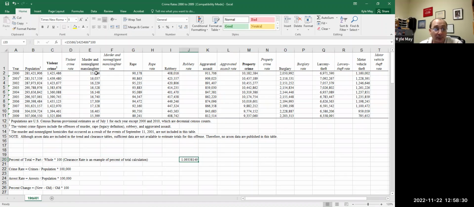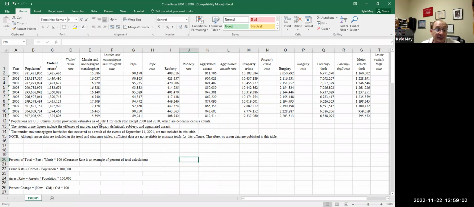So we would word that murder and manslaughter make up 1.09% of violent crime in the United States in the year 2000. If we were looking at correctional populations, what percent of the total correctional population is in prison, we would take the prison number, divide it by the total number, multiply it by 100, and we would get a percentage. So that's percent of total.